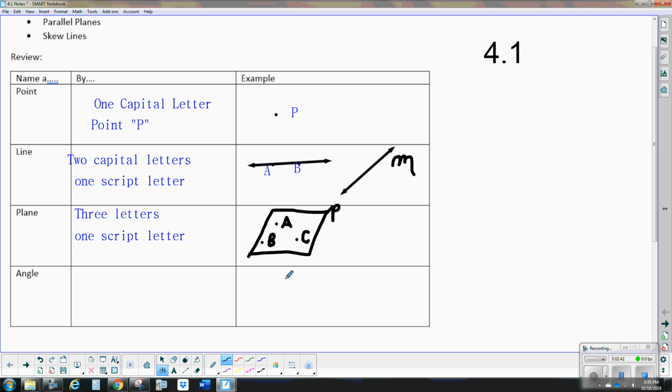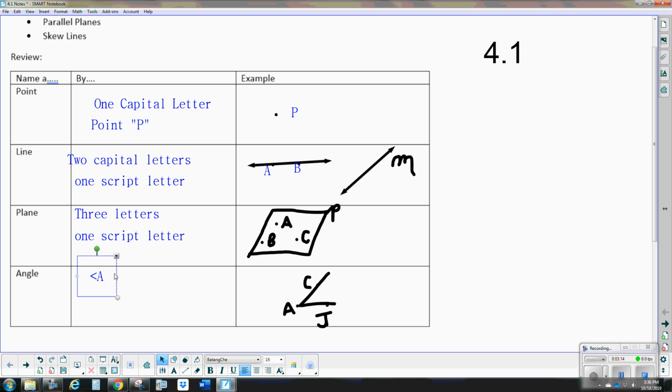And then lastly, an angle. So if this is our angle, we might see it like A here, C, let's call this J. Okay, so we might say angle A. Oh, here we go.